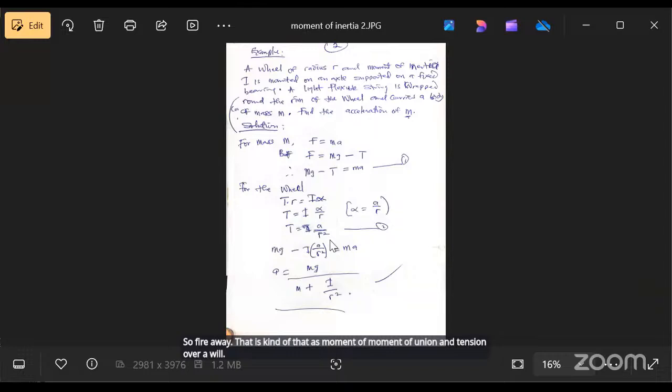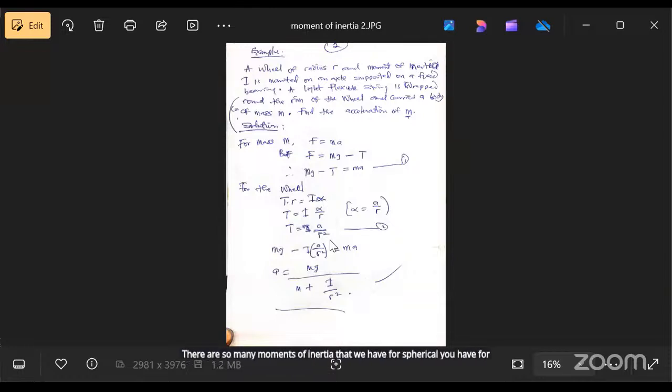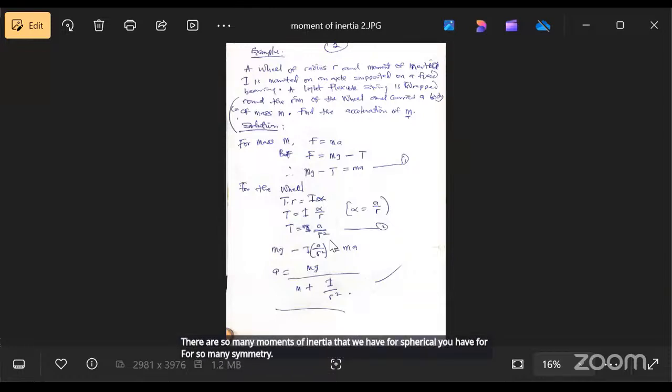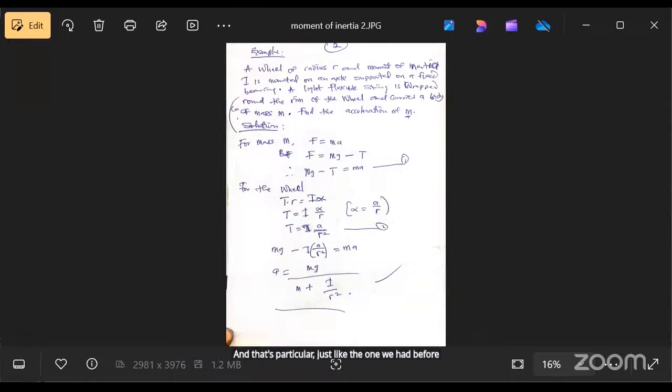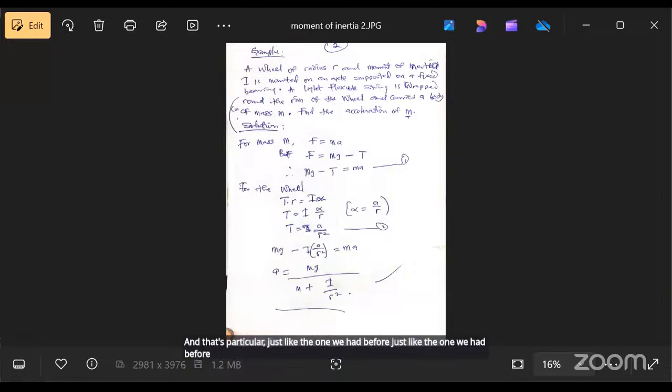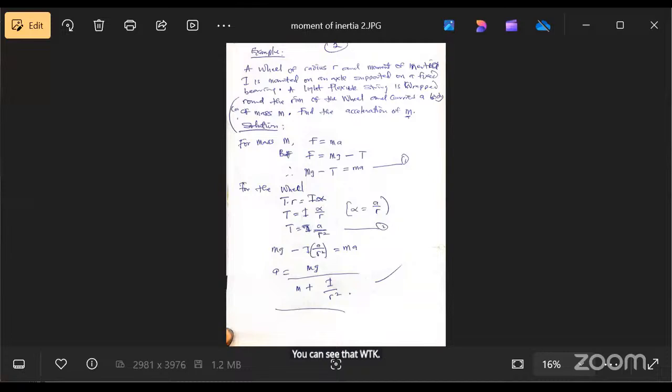There are so many moments of inertia that we have for spherical shapes and many symmetries, and for a circumference you can see there's a difference between K and R. All these formulas are valid, and they can be derived. Deriving them is another thing entirely.